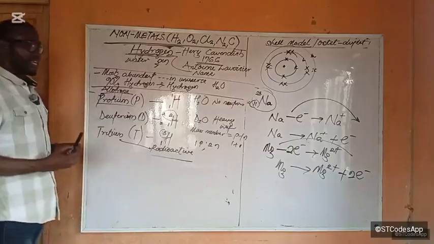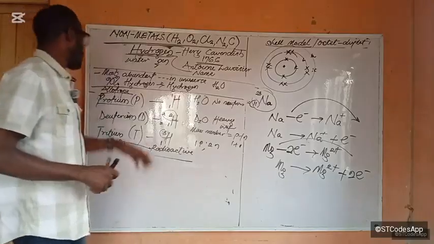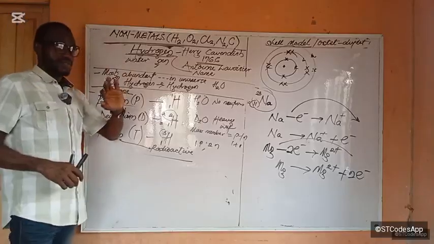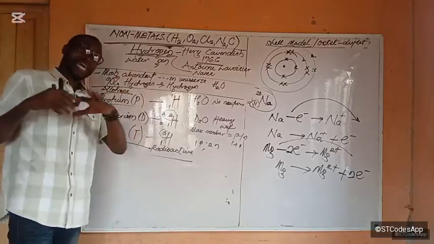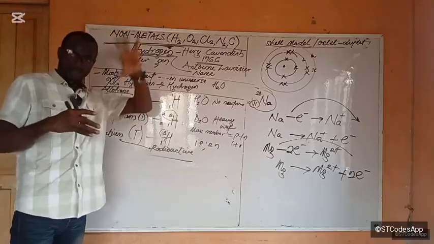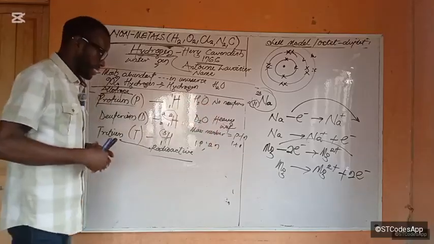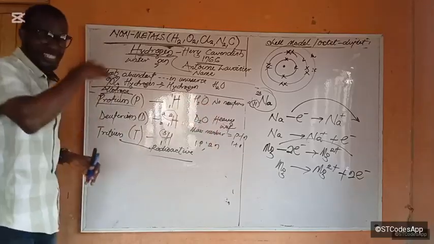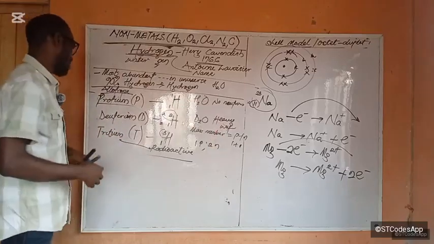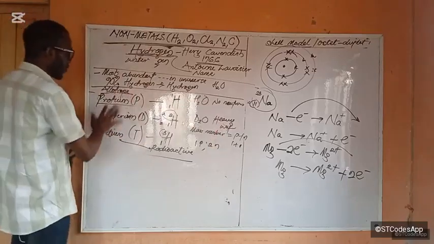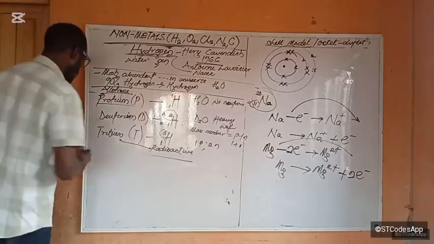I explained why in my nuclear chemistry and physics video. I started with chemistry, then we went to the calculation in nuclear physics. It's more tilted towards physics than even chemistry. But let's go on. So that's the point. Those are the allotropic forms of hydrogen.